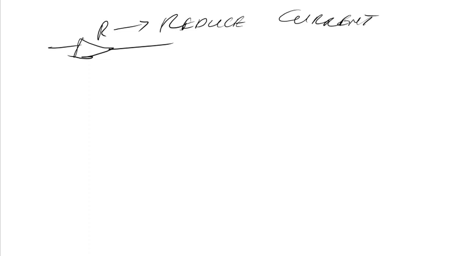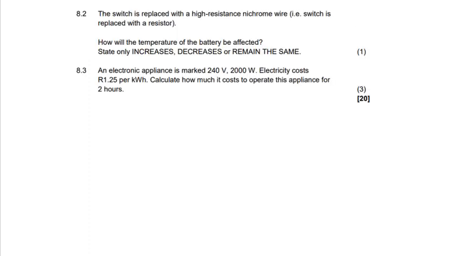So what will happen if you reduce current? Meaning there won't be as much electricity. Remember, the more electricity there is, the hotter it gets, the more energy is generated. So if more energy is generated, the temperature becomes higher.